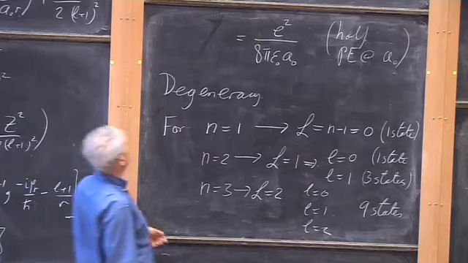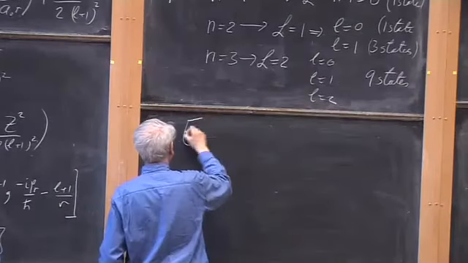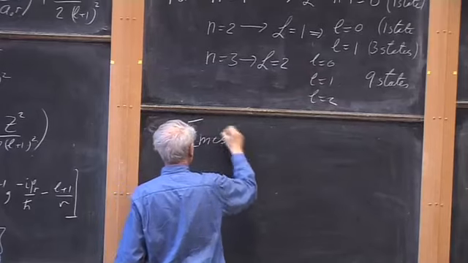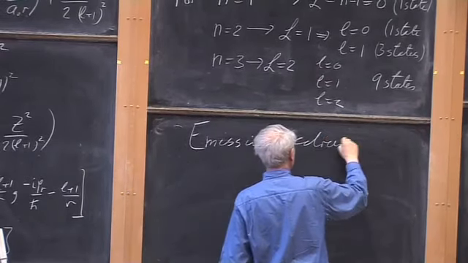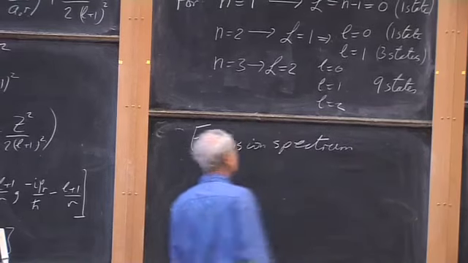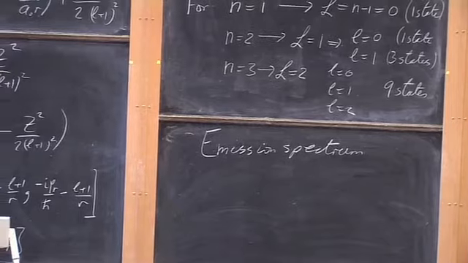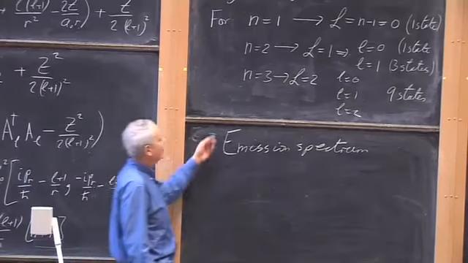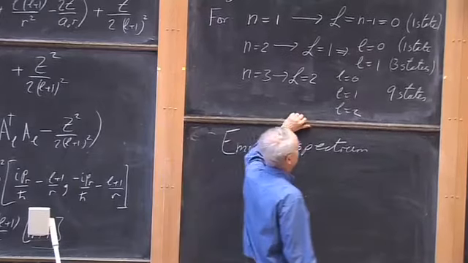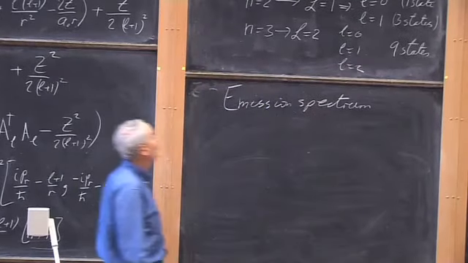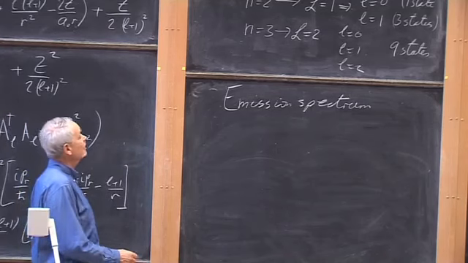What does this have to say about experiments? So stick some hydrogen atoms in a vessel and pass an electric current through and get the electrons knocked out of their comfort zone, and you will get photons coming out at discrete frequencies.